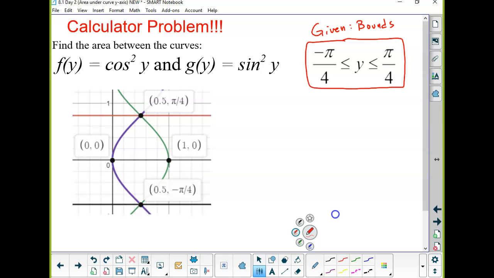This is telling you that you're focusing on the region from negative pi over 4 to pi over 4. Those are my bounds. Right? And notice it's written in terms of y. So you automatically know how low you're going to go and how high you're going to go. But on the graph, here's what it looks like. This is the equation y equals pi over 4. Here's y equals negative pi over 4.